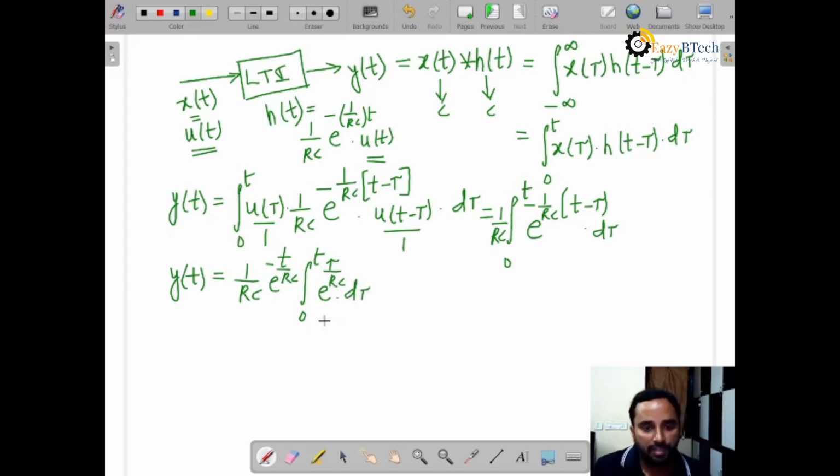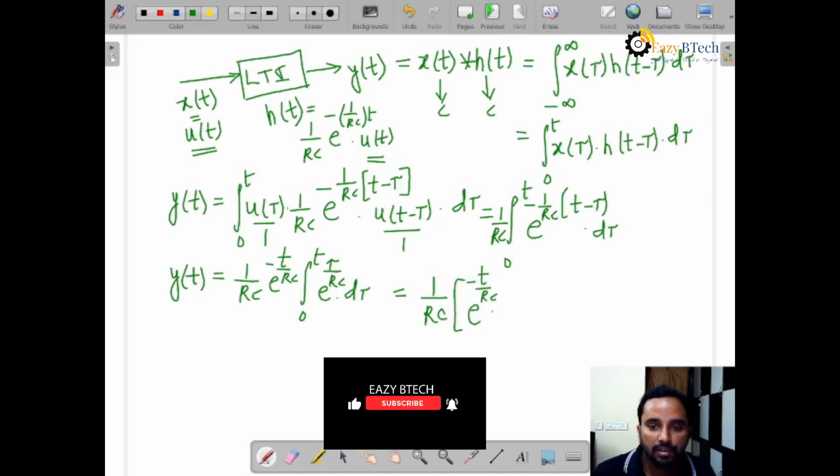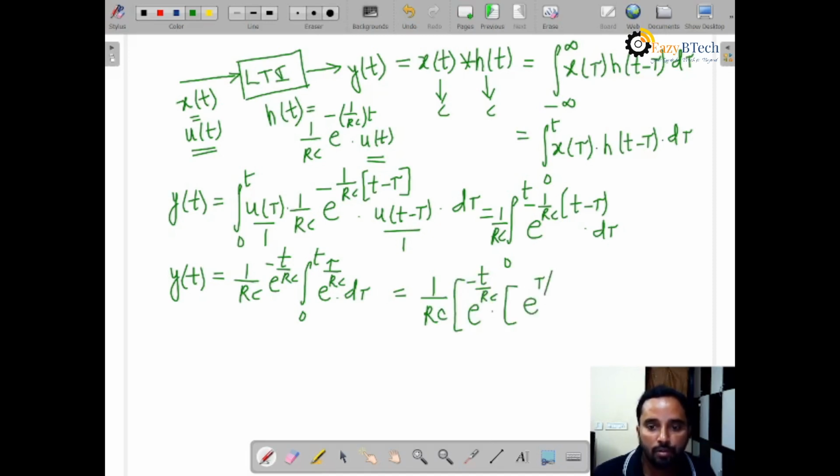So integration of exponential is exponential. Now 1 by RC e to the power minus t by RC, and integration of this exponential is e power tau by RC, and limits are from 0 to t.